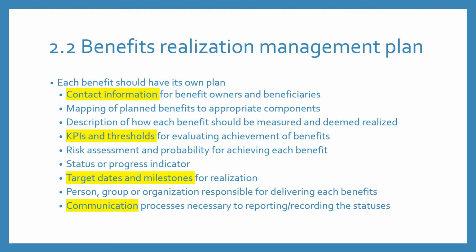It can be individually created for each benefit, or you can create an umbrella benefit realization plan, and as a subset of it, have several benefit realization plans, one for each benefit. The approach can be anything.